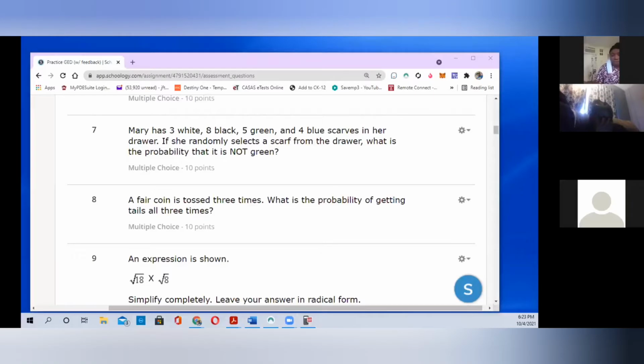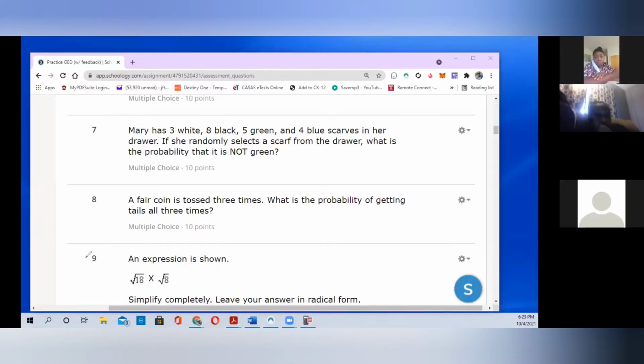Get my pen. Let me change it to red. Okay, about 15 seconds left. Okay, so only one person sent me that. Two people sent me the answer. One was correct, one was incorrect.